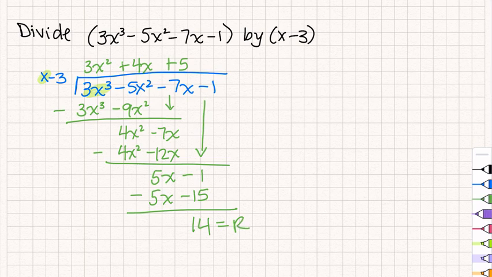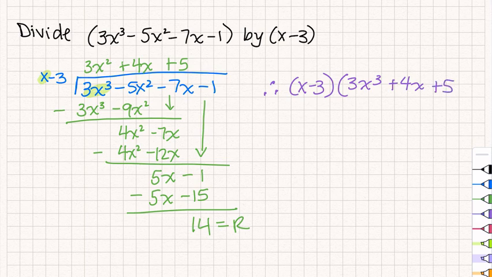So we would say that when we divide, we're left with x minus 3 because that's what we divided by, and then 3x squared plus 4x plus 5.